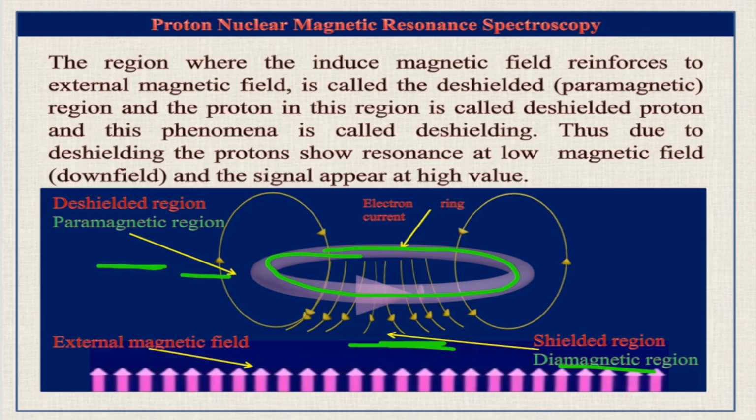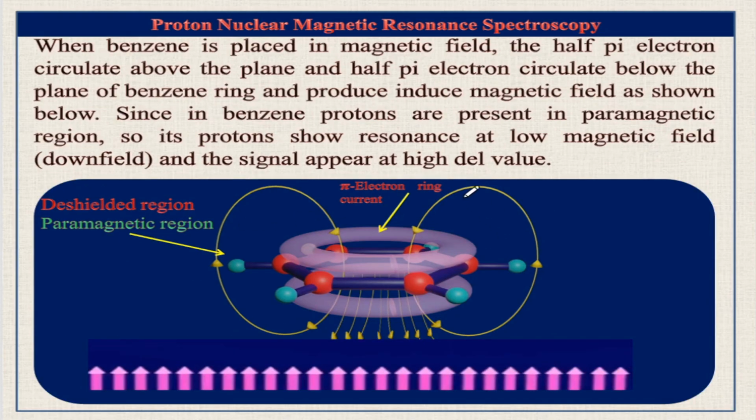Now let us take an example, benzene. When a magnetic field is applied on planar benzene, half of the electron cloud circulates above the plane and half circulates below the plane.